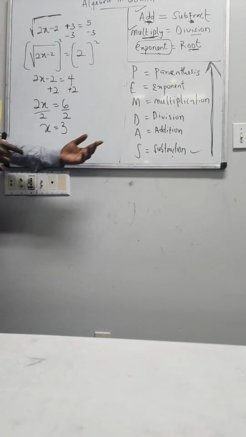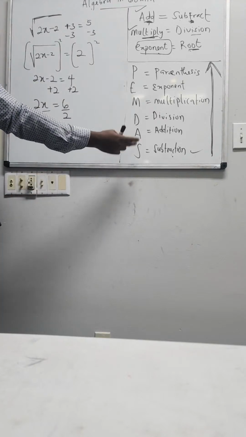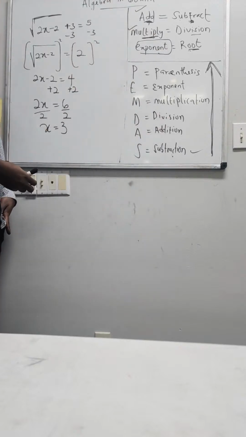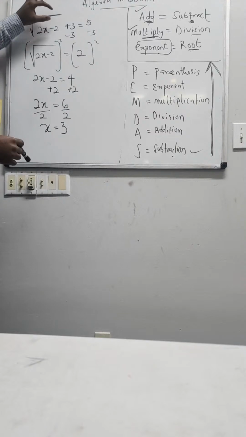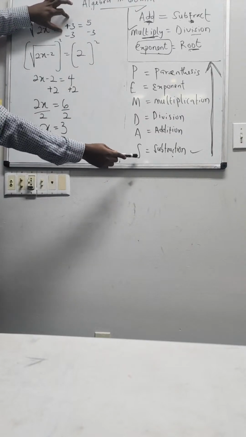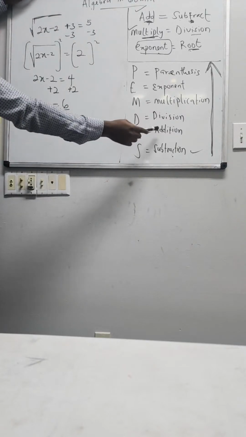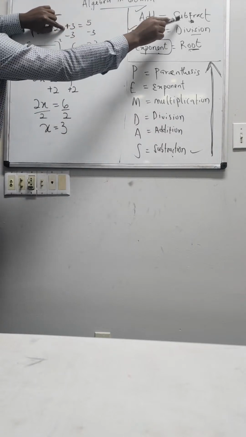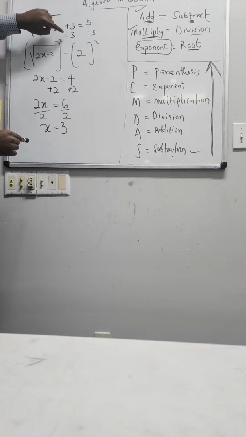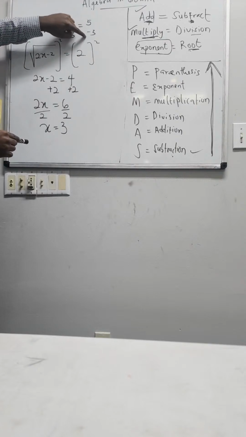So what I used is the PEMDAS, but if you use the PEMDAS, you're going up. So using the PEMDAS here, the first thing to look at is, do we have subtraction? No. We have addition? Yes. This is the addition, and I told you if you have addition, you can subtract negative 3 from both sides.